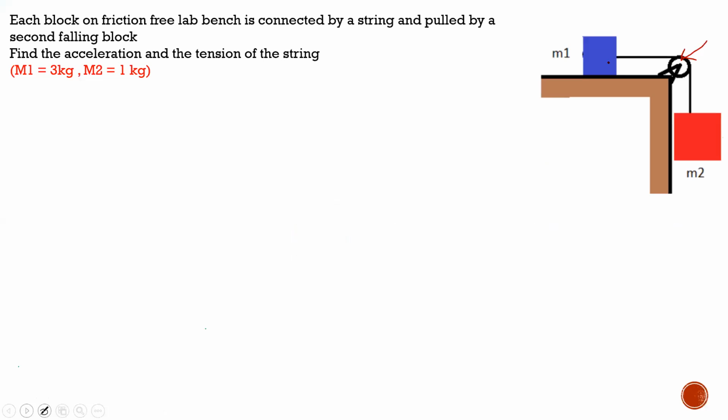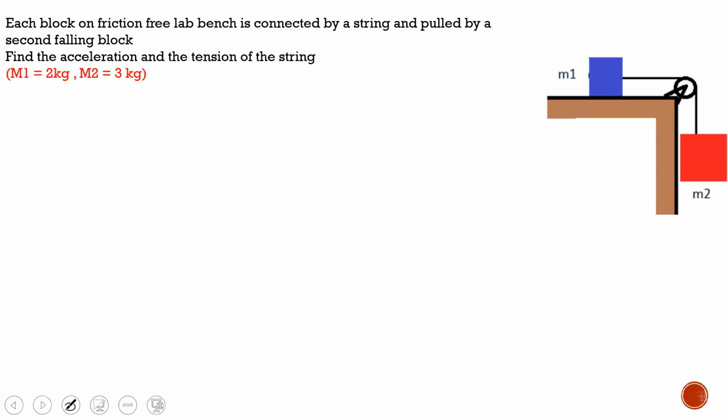Here now, we will talk about these two masses. These two blocks are on a friction-free lab bench, connected by a string and pulled by a second falling object. This mass is pulled by mass 1, or mass 1 pulled mass 2.